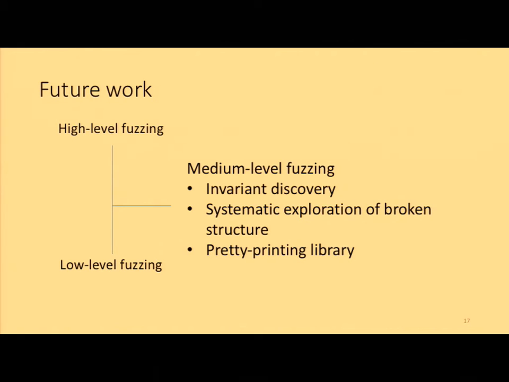And the last bit there: a pretty printing library. We also thought it might be interesting to have a way of letting programmers annotate their pretty printers. I call them pretty printers, but it's basically the serialization function. There's always some way of linearizing these things: we have some representation of a file format, and then we want to write it as a file.